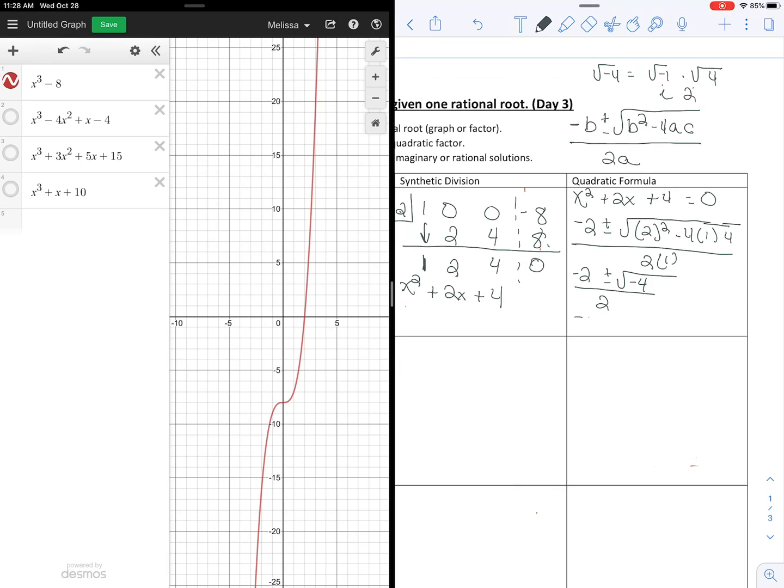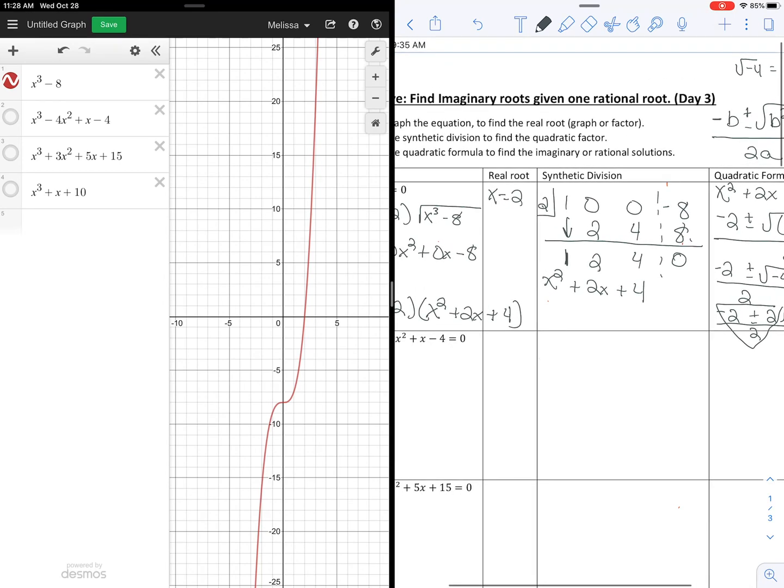The square root of negative 1 is i, the square root of 4 is 2, so I can say that this is negative 2 plus or minus 2i over 2. And since they all have a 2 in common, I can factor out that 2, and I get negative 1 plus or minus i are my solutions. Okay? All righty, so that's how we do that problem.